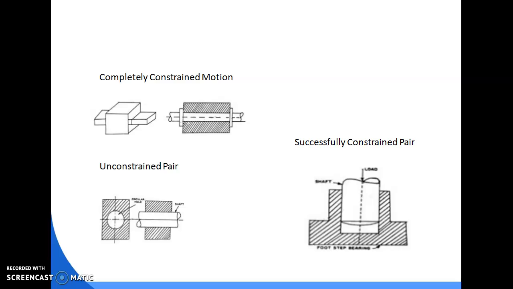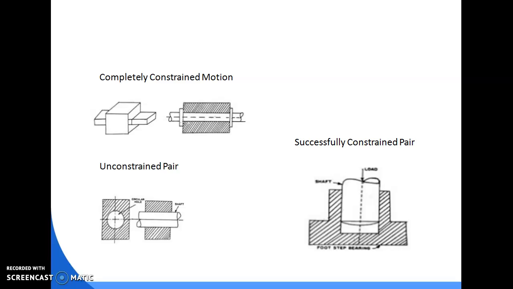The second one is the unconstrained pair, or we can say incompletely constrained motion. When the motion between a pair can take place in more than one direction, then the motion is called incompletely constrained motion or unconstrained motion. Here in this third diagram, we can see a cylindrical shaft and a cylindrical hole.